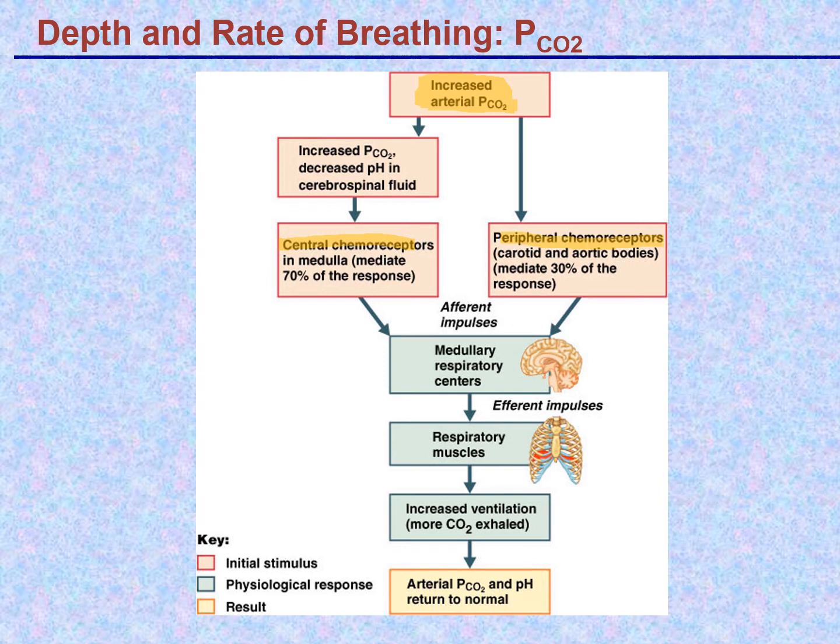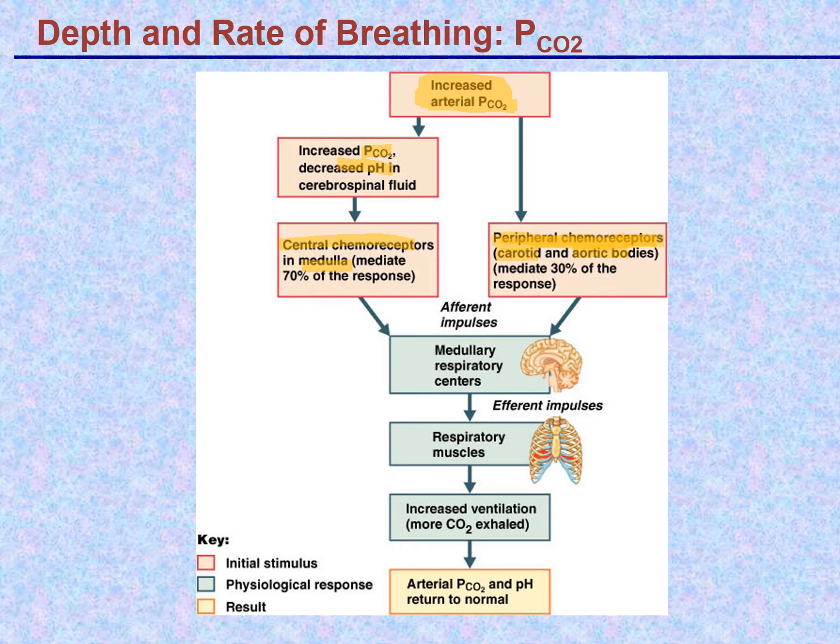Remember, an increased arterial CO2 will cause an increase in the cerebrospinal fluid PCO2 and therefore a decrease in pH, and that will be detected by those central chemoreceptors in the medulla. And also the increased arterial PCO2 will have an effect on the peripheral chemoreceptors, the carotid bodies and the aortic bodies, and that will also trigger a response.